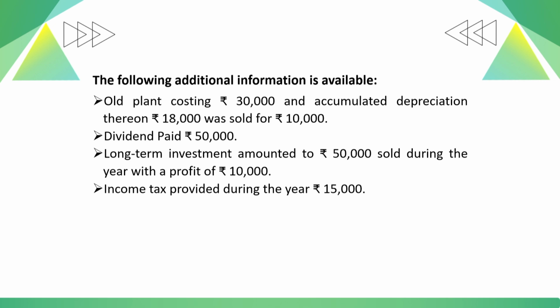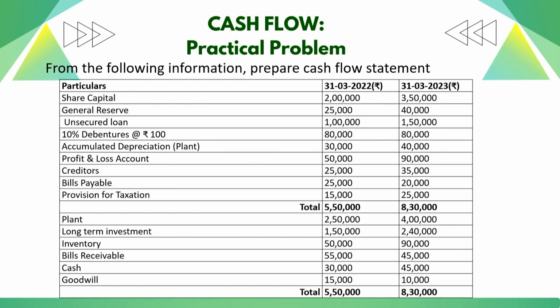Starting with the balance sheet given, there is accumulated depreciation on plant of 30,000 and 40,000 rupees in the question itself. So we start from here. First we will prepare the accumulated depreciation account with regards to the plant.